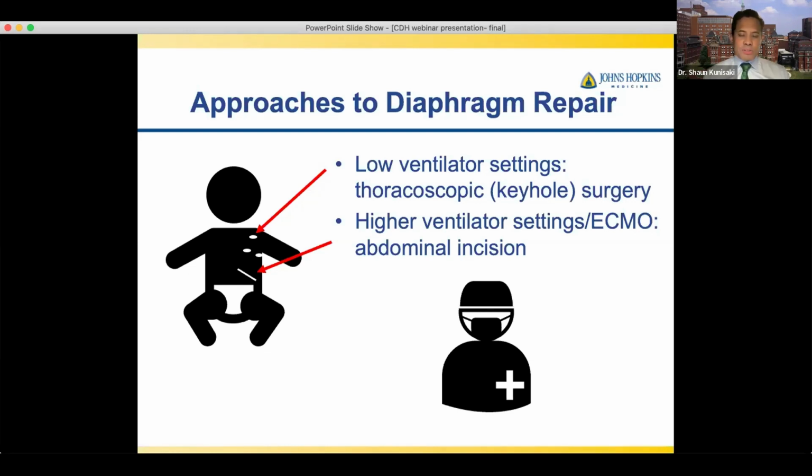However, in babies with more severe lung disease, as indicated by higher ventilator settings, the open abdominal incision is better as it allows the surgeon to better restore all of the organs back into their normal location, and the surgeon can more easily sew a large patch to cover the defect if needed. Next slide.